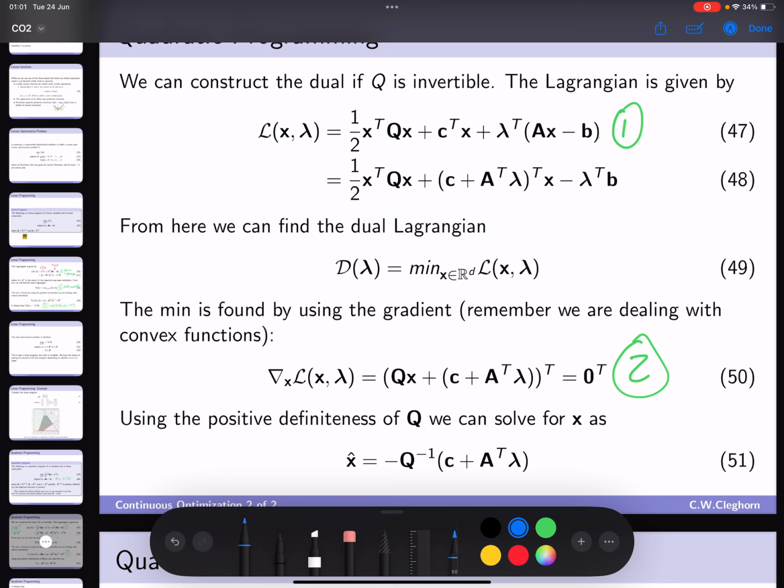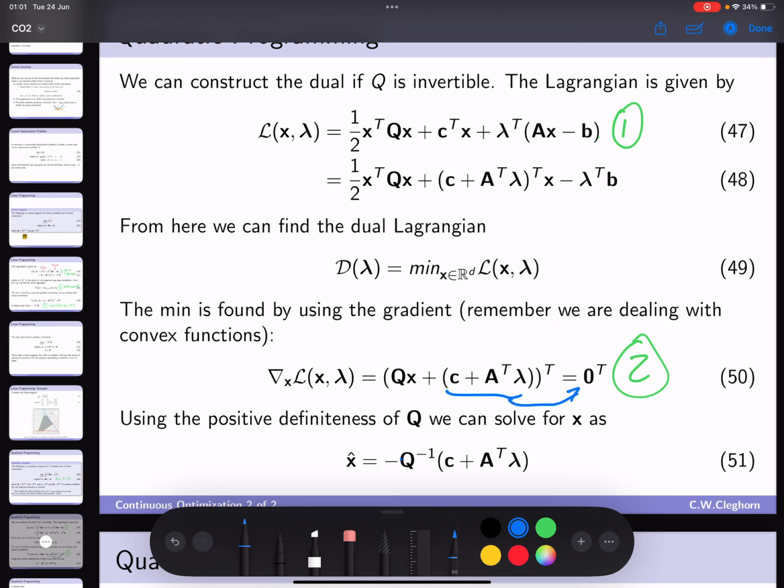Okay, so you now minimize your Lagrangian by taking the derivative and setting it equal to 0, and that's equation 50. But now we have this x term, so we do need to actually solve this equation with respect to x, but that's quite easy because all we're going to do is take this term over the equals.